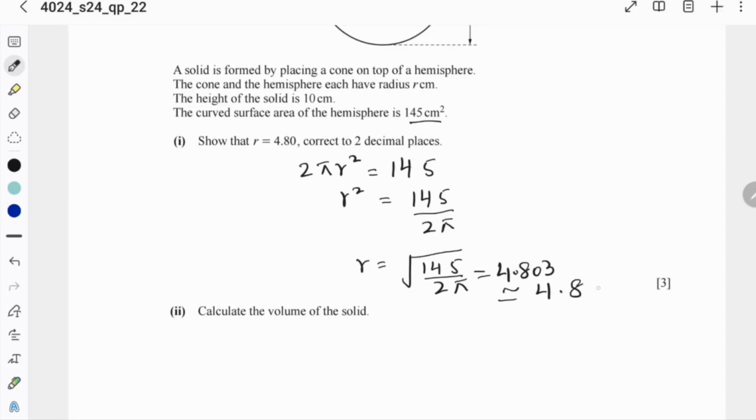Correct to 2 decimal places, it will be 4.80 centimeters.